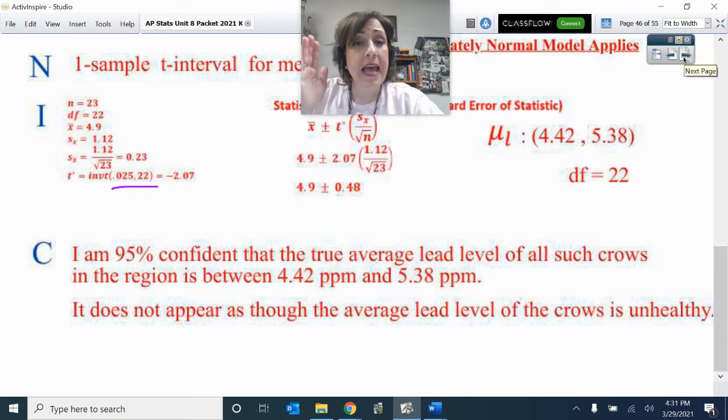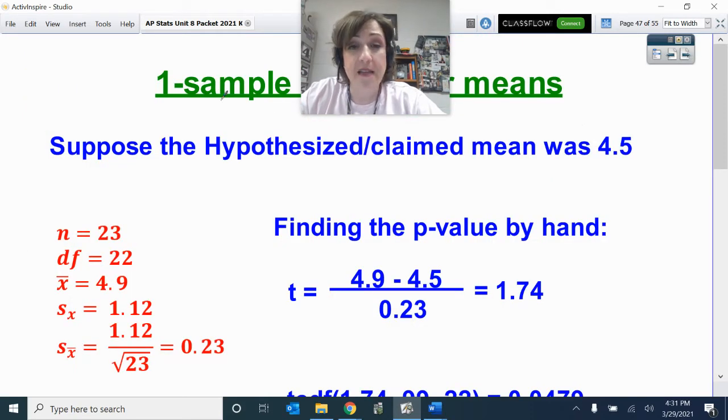Now, let's talk about how you would have done this problem by hand if it was a one sample T test. Okay, so in order to be a T test, they would have hypothesized a claim. So let's suppose that they hypothesized that the average lead level was 4.5, or that was the current rate, but you suspect it's higher.